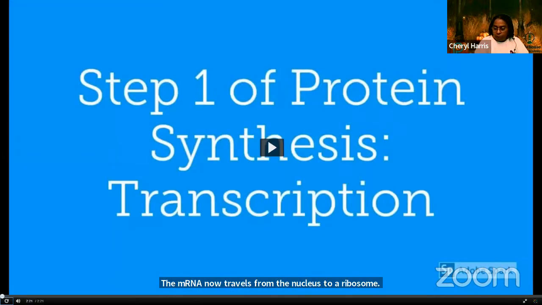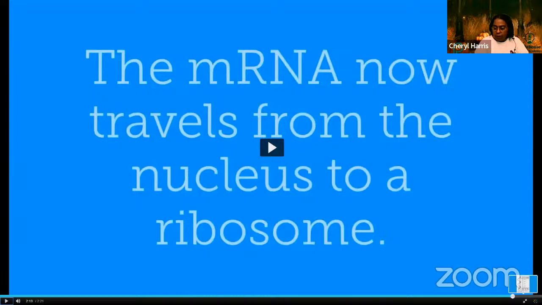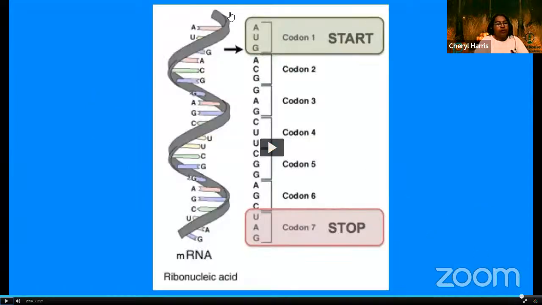All right, I want to come back and look at that again. All right, so this is our strand of messenger RNA. And notice that it starts reading at the top, and it does it 3 bases at a time. So each of the 3 bases is called a codon.